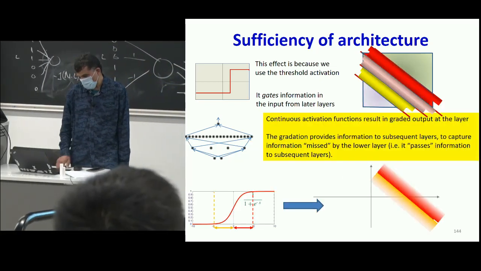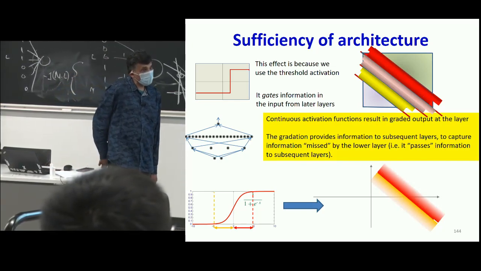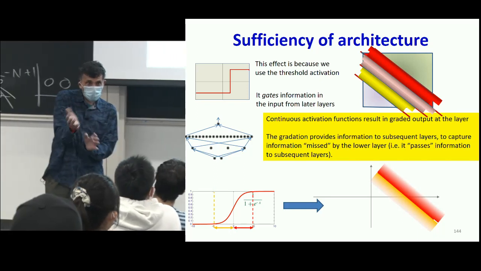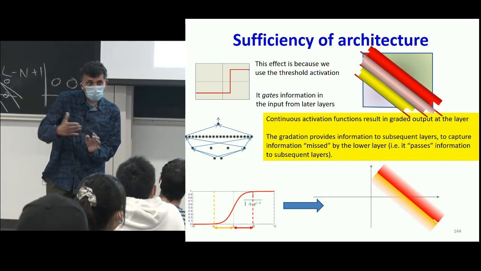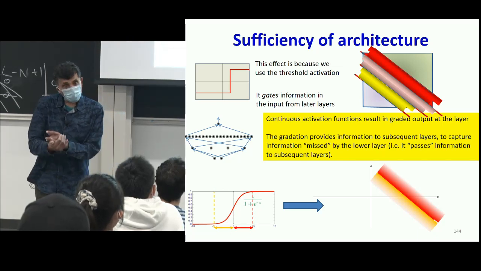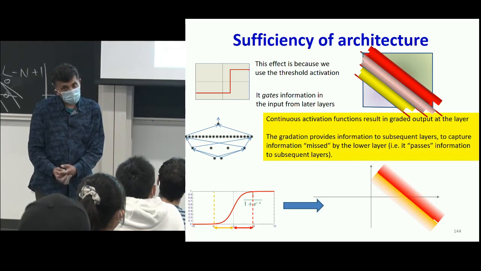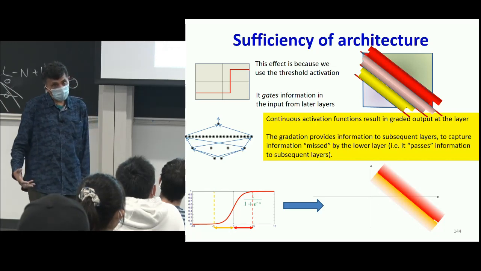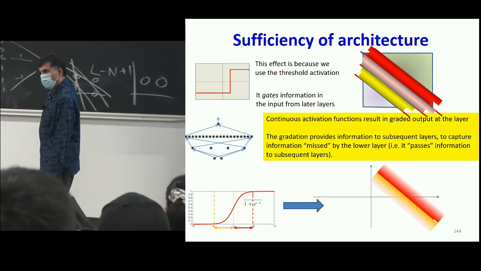You want to have graded activation functions, like a sigmoid. A sigmoid is not only going to tell you which side of the boundary you're in, it's going to give you some indication of how far you are from the boundary. Now you have more information downstream, and subsequent layers can use that information to build up more complex decision boundaries, right?